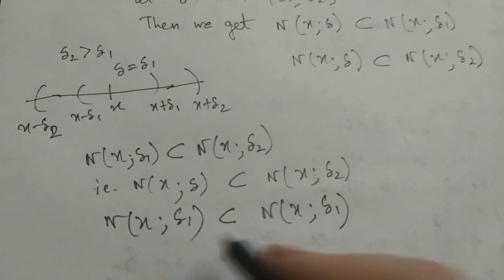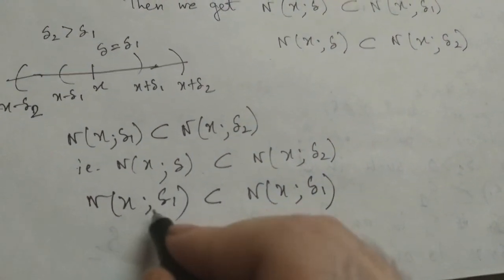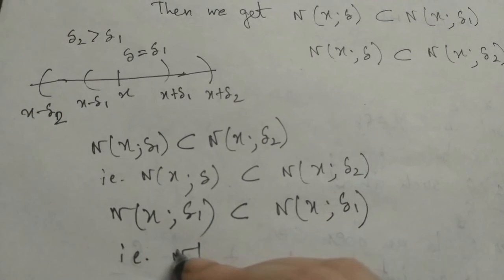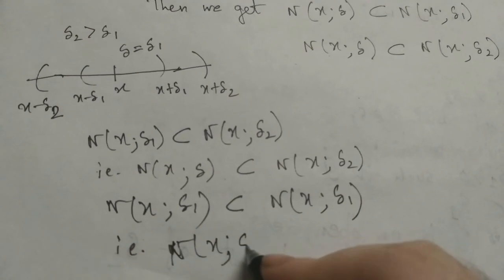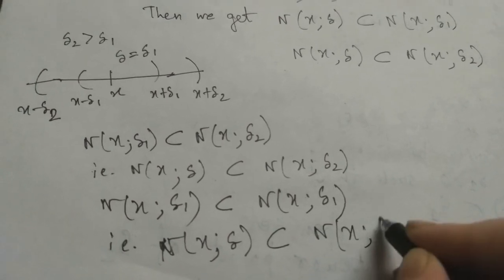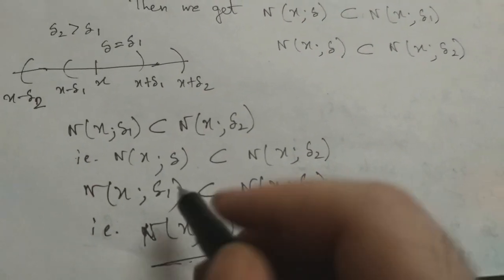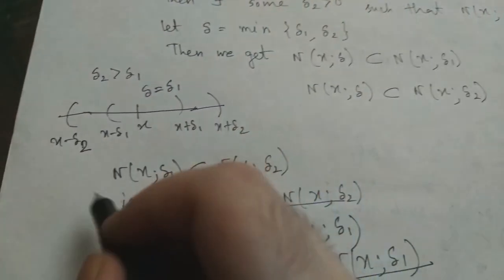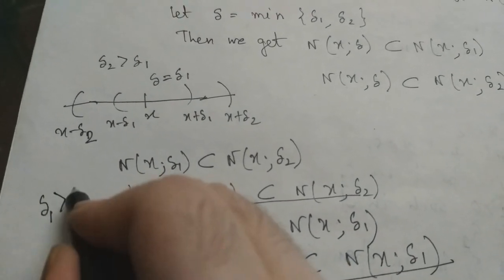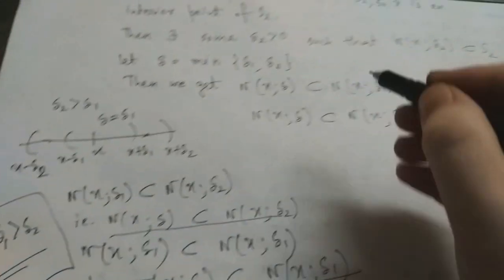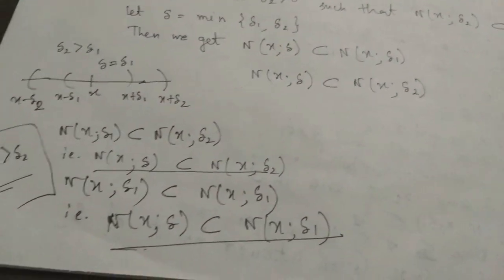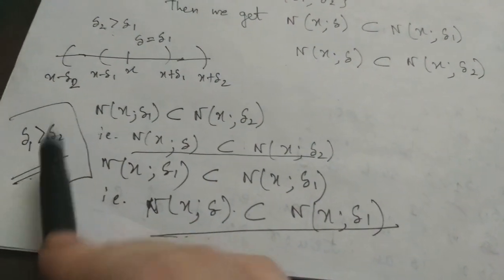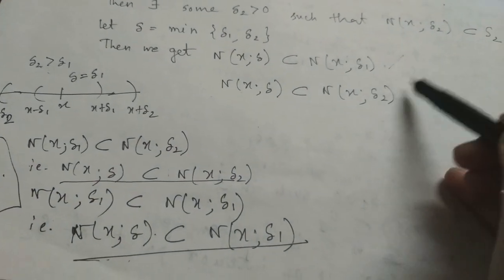Now, since delta equals delta 1, the delta neighborhood of x is contained in the delta 1 neighborhood of x. So we get these two. Similarly, if we take delta 1 greater than delta 2, the same result will also hold.